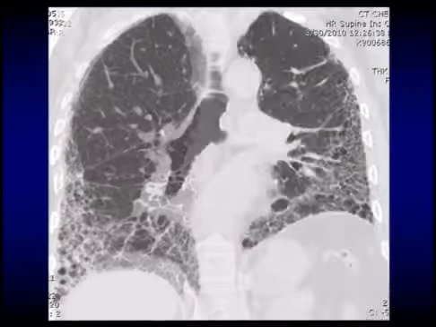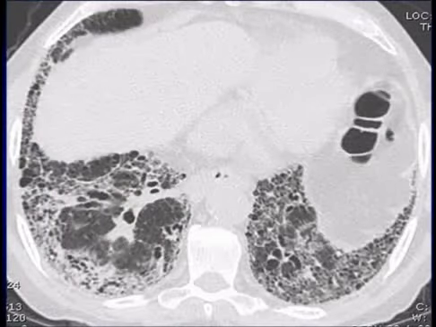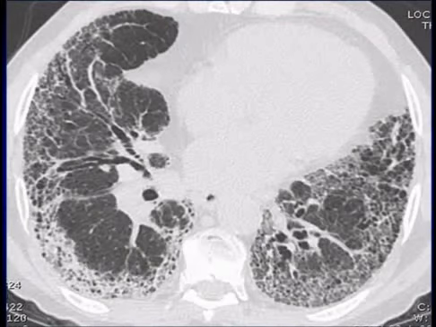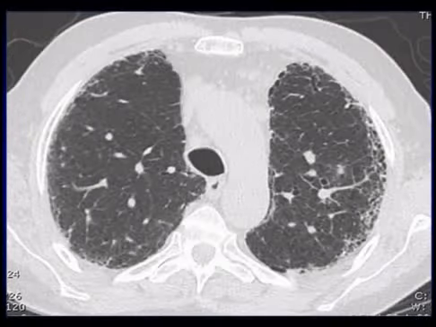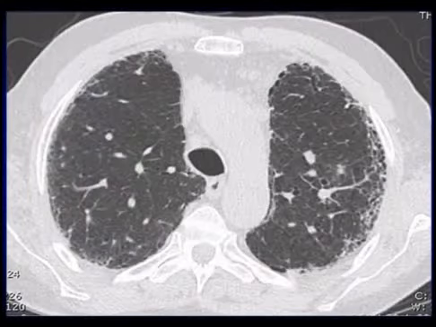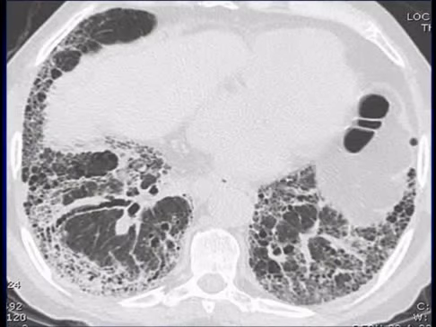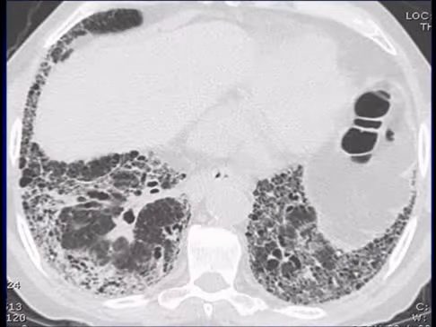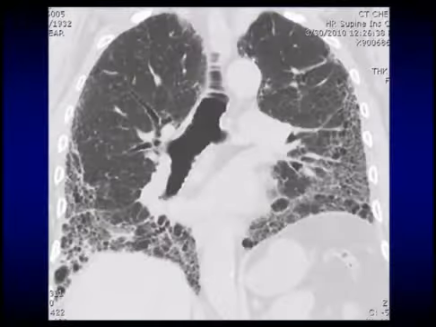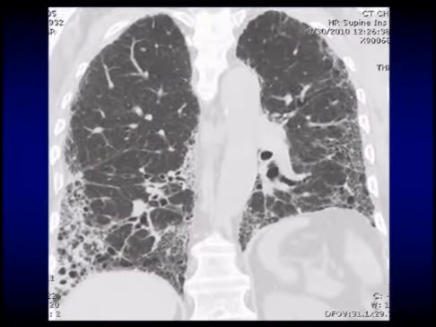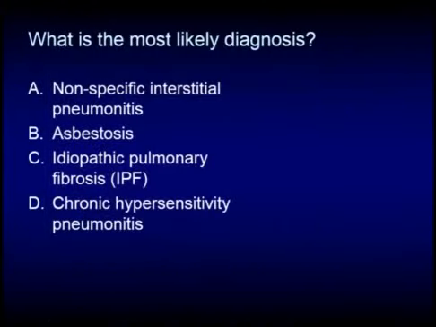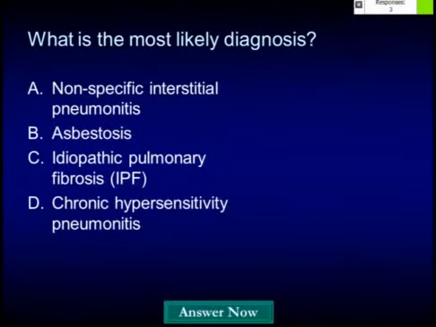And then I'll go back through them. So what is the most likely diagnosis here? Is this NSIP, asbestosis, idiopathic pulmonary fibrosis, or chronic hypersensitivity pneumonitis? Please vote.